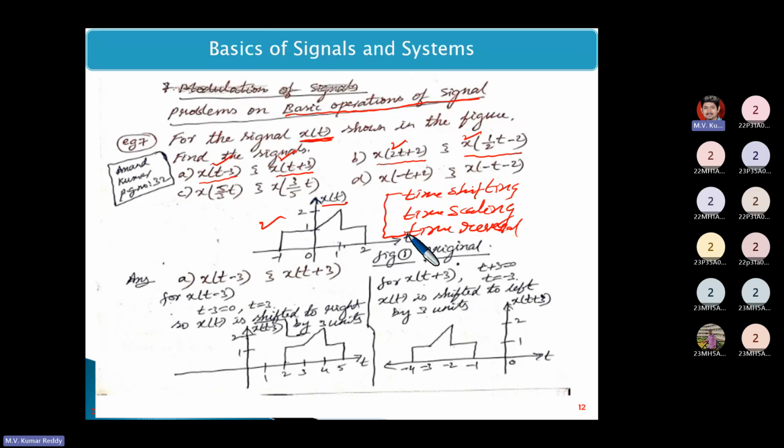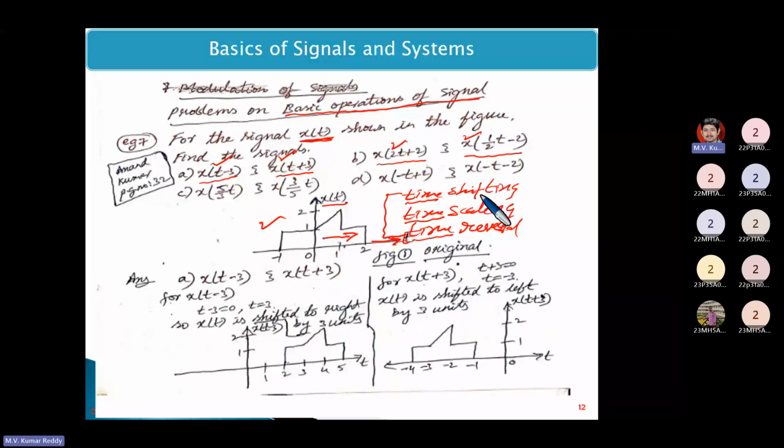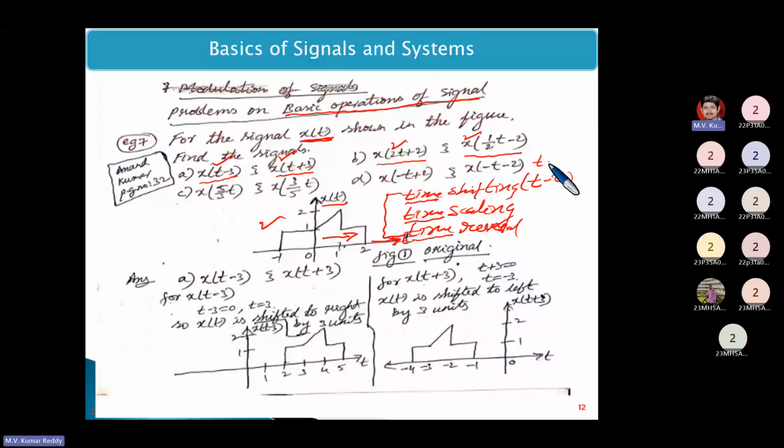Okay, here what is the first term? Time. So time belongs to the x-axis. So everything is in the horizontal direction only. No vertical direction. The changes are made in a horizontal direction only. Time shifting: t is replaced by t minus t naught or t plus t naught.